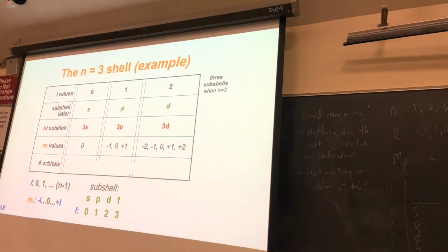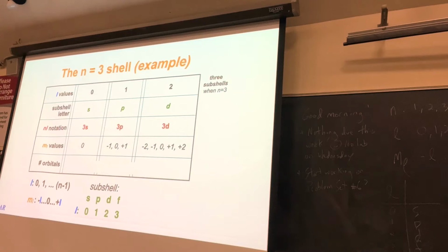So you can see as l gets bigger, the number of m sub l values gets bigger, all right? At first there's only one value of m sub l. Then for l equals 1, there are 3 values of m sub l. And when l equals 2, you get 5 values of m sub l.